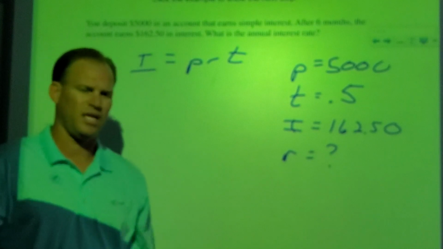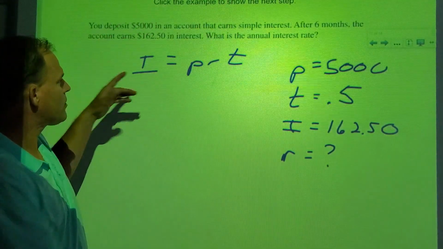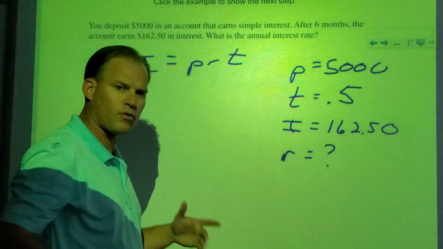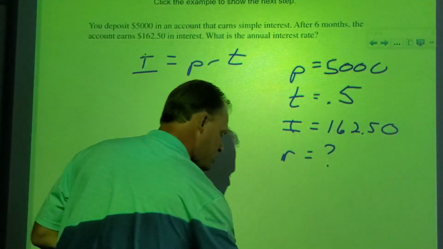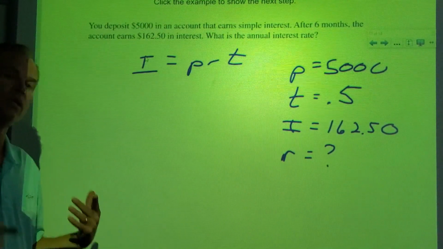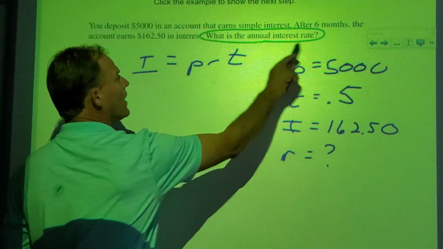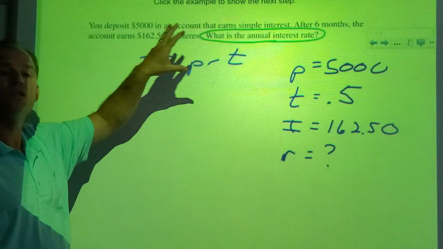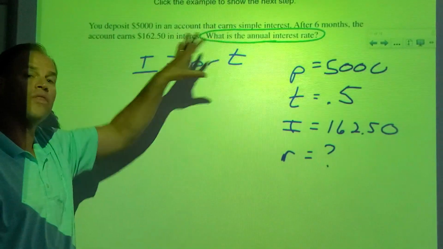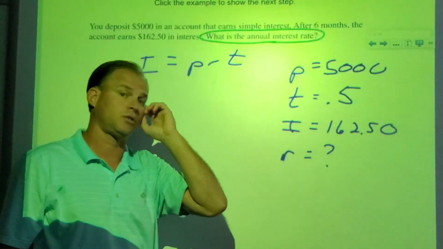Now normally we would just plug it all in here and then just divide by and solve for R. What they want you to do in this, to practice this literal equation stuff, is if it's asking you to find the rate, do the steps first with the variables before you do the substitution.